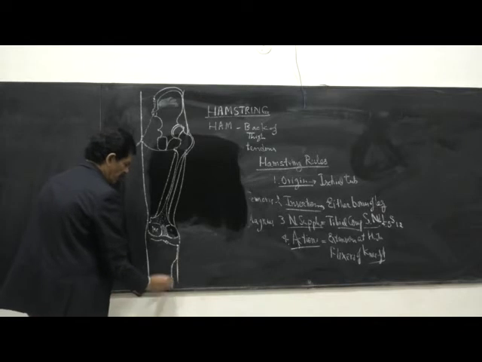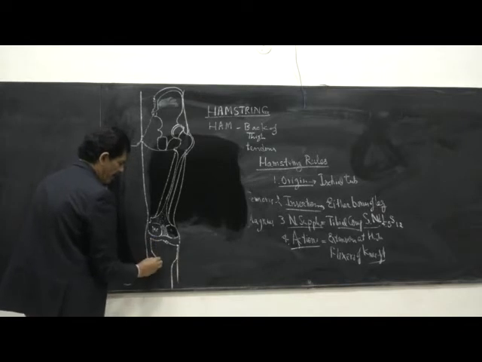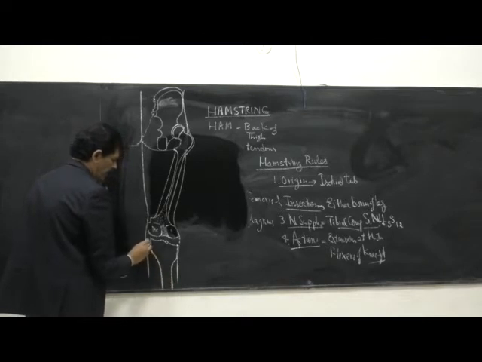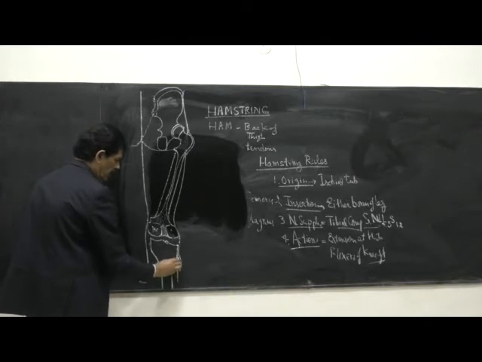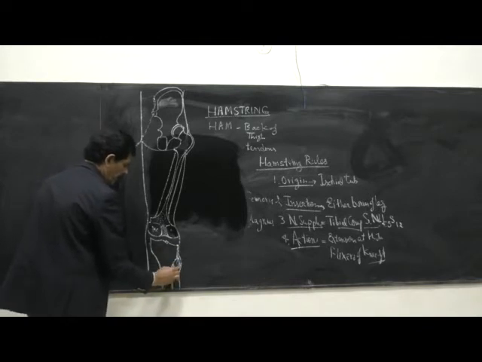This is the shaft of the tibia. And laterally the fibula bone articulates with the tibia to form the superior tibiofibular joint.